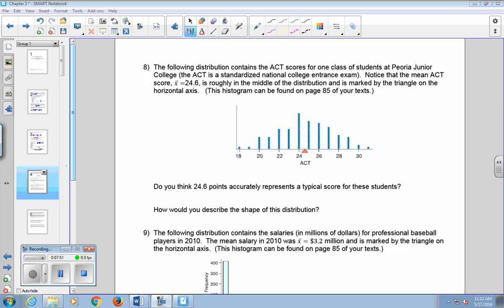Yes, it looks pretty good. The shape of our distribution, we would say, is roughly symmetric. And we would probably identify 24.6 to be the center of our distribution.